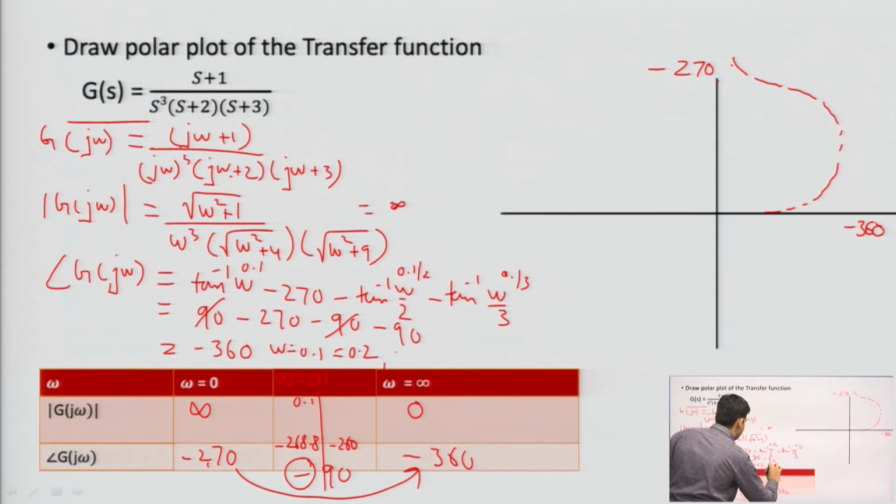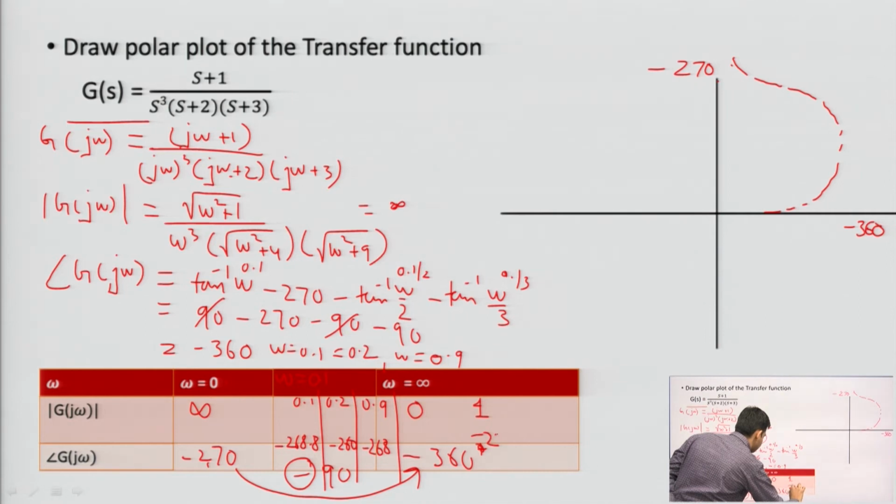For omega equal to 0.9, you can say for 0.2, I am getting minus 268 again, and if I put omega equal to 1, then for omega equal to 1, I am getting this phase as minus 270. When I put omega equal to 1.2, I will get 272.3 something. So, this is my phase variation, right.